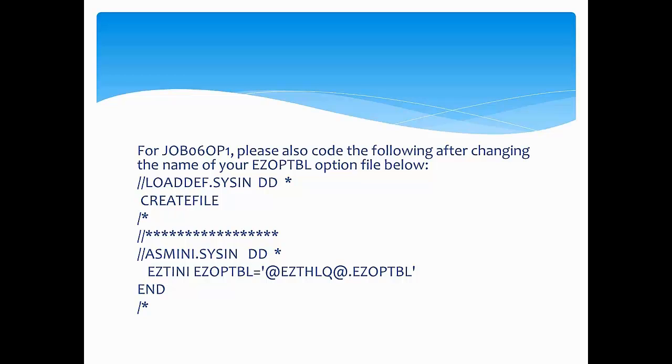And the other thing to note, please, you'll see further down on the ASM-INI.SYSIN DD asterisk, you will see there where you need to set the name that you would like for your EASYOPTBL option file. So where you see the EASYTHLQ sign, be sure and go ahead, modify that to the name that you would like for your R11.6 option file.